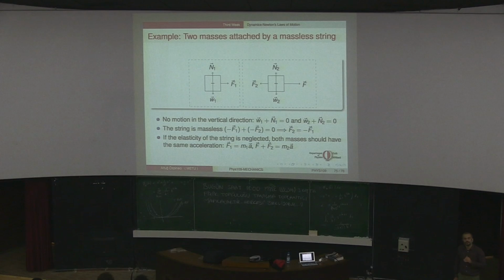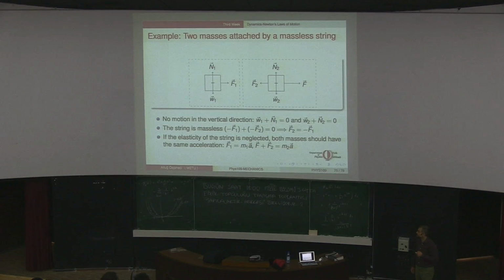Let's look at how many unknowns we have. So we don't know the acceleration. That is one unknown. I don't know F1, I don't know F2. So I have 3 unknowns in my equation. This is one equation. I need 2 more equations. Well, I can use Newton's second law, F equal to ma, to obtain 2 more equations for each one of these free body diagrams.